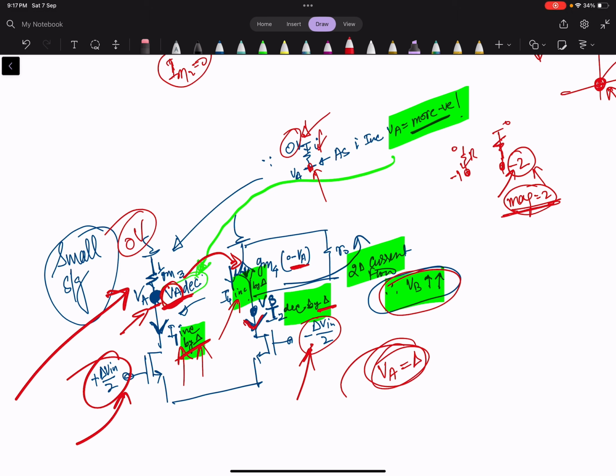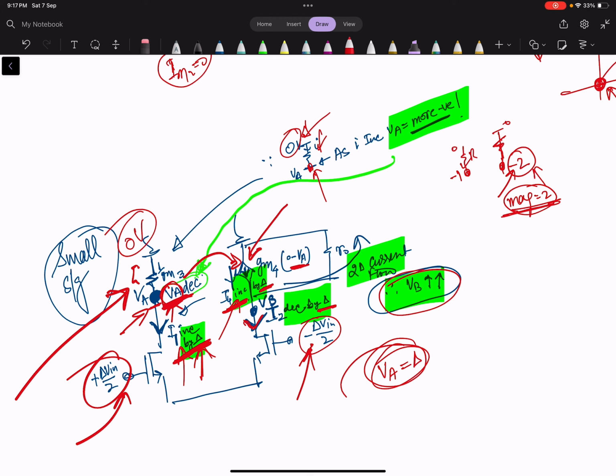So let's say I1 is increased by delta, then VA, the voltage across this diode connected device, will change, and that change will be the same at the M4 VG. Because of that, I4, the current through this MOS, increased by delta.